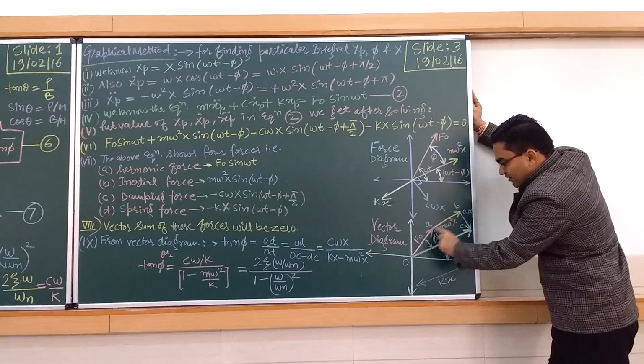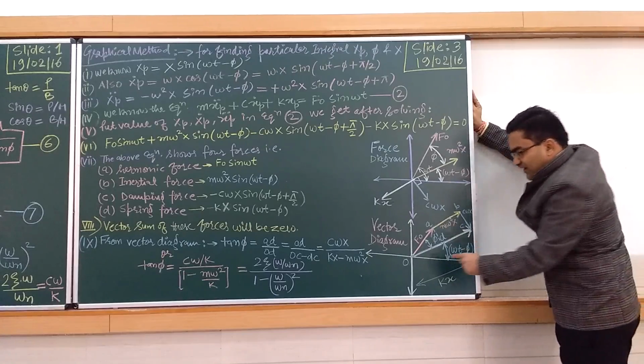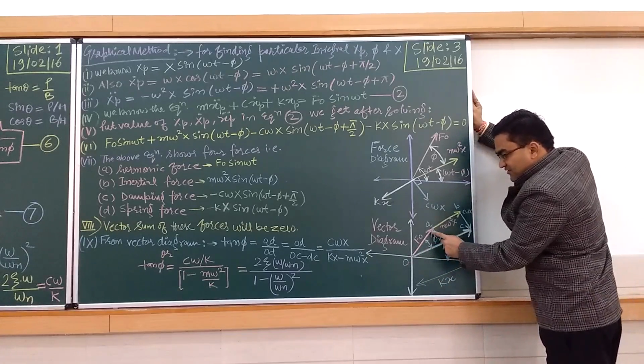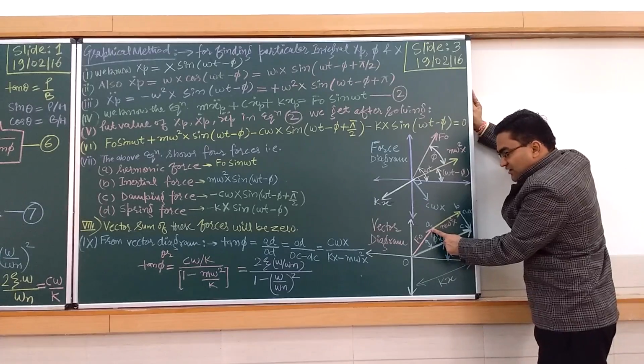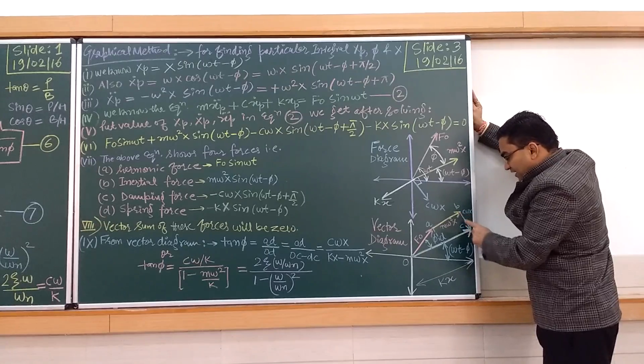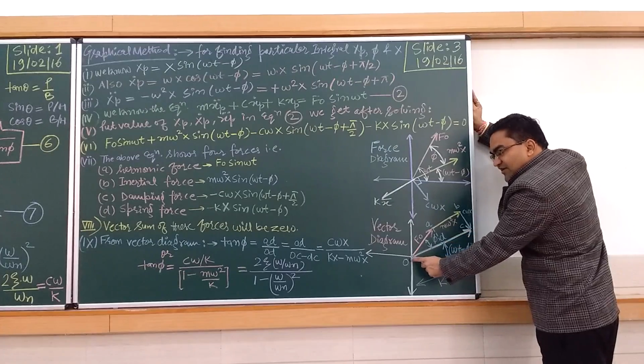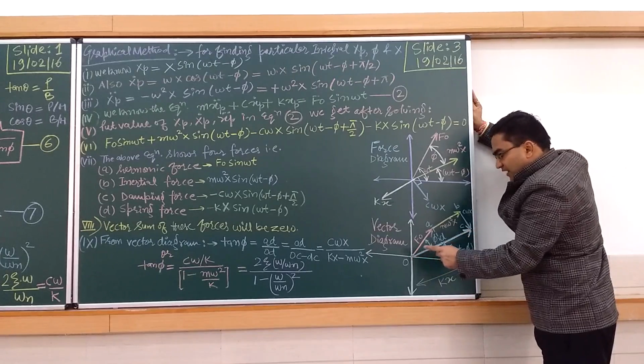By adding all these, we will have a vector sum. We name this point O: O to A is F naught, A to B is the inertial force, B to C is the damping force, and C to O is the spring force.